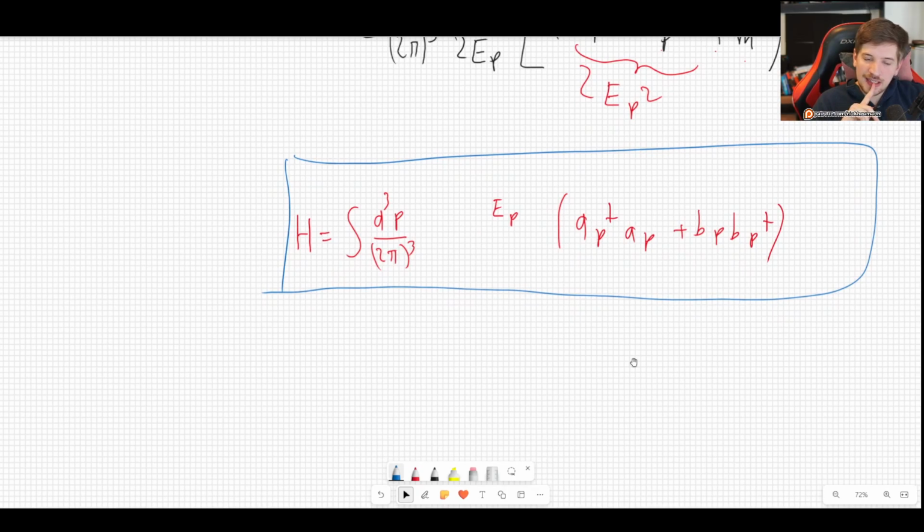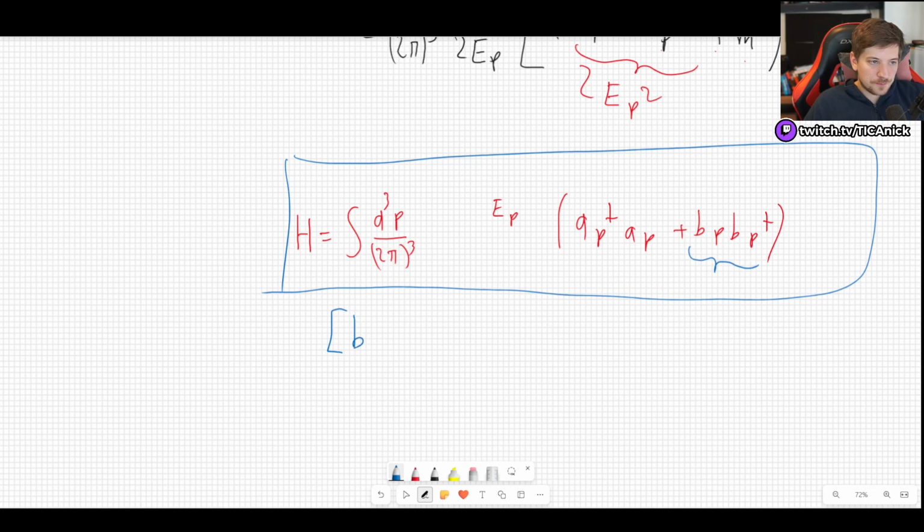But there is another issue here, right? What we can interpret is A dagger A or B dagger B. Interpreting B B dagger is not really something we can do. So while this is not incorrect, that is not the form that we want to have. We want to have this as B dagger B. So we are going to use the commutator here of B and B dagger.